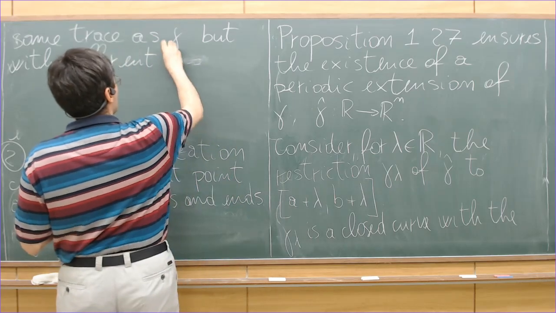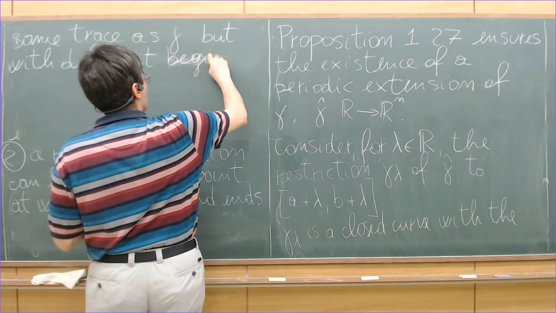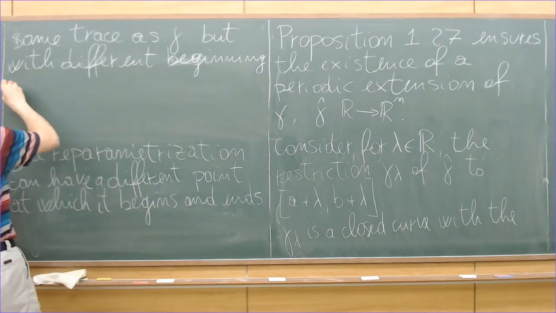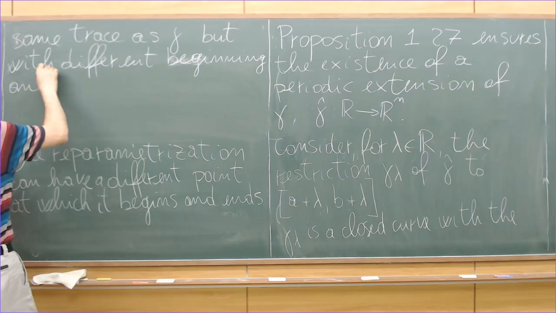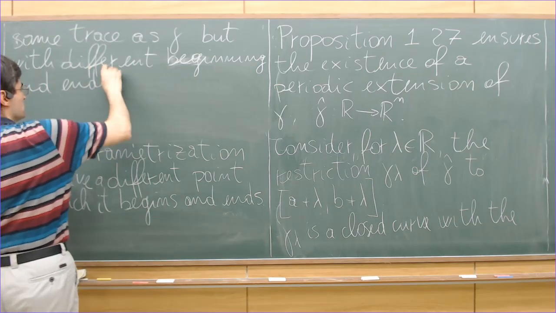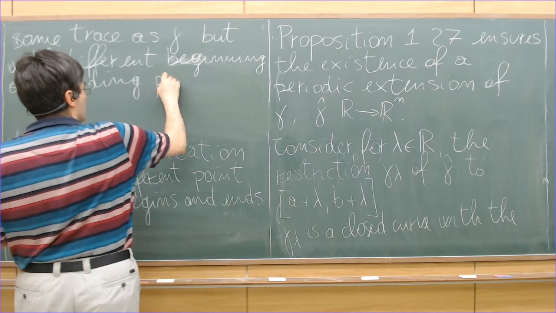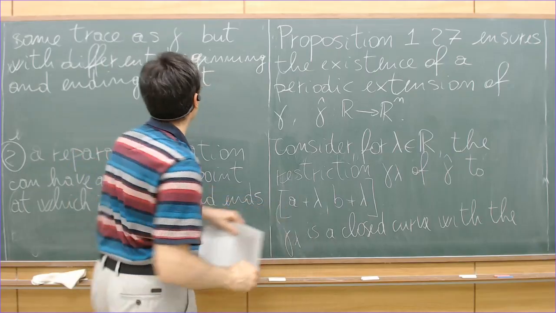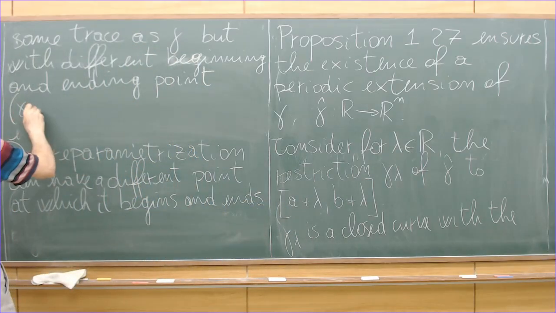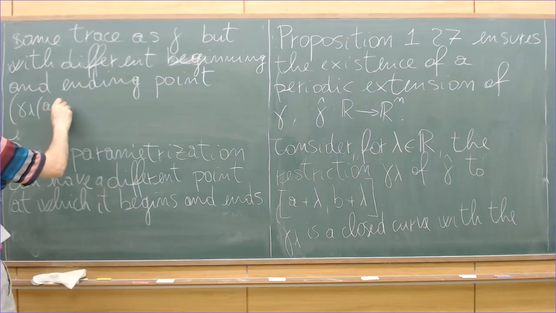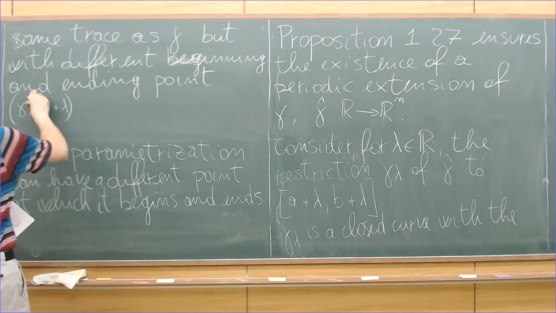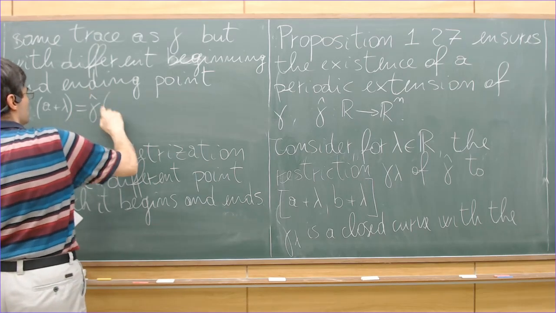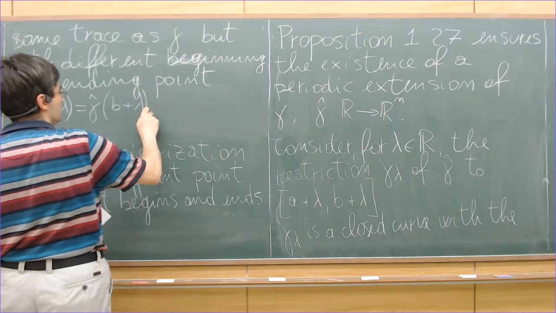With different beginning and ending point, which is given by gamma lambda at a plus lambda, gamma hat at a plus lambda equal to gamma hat at b plus lambda.